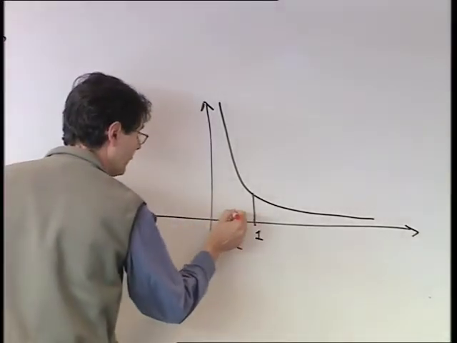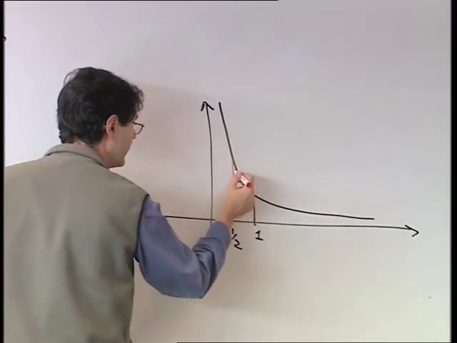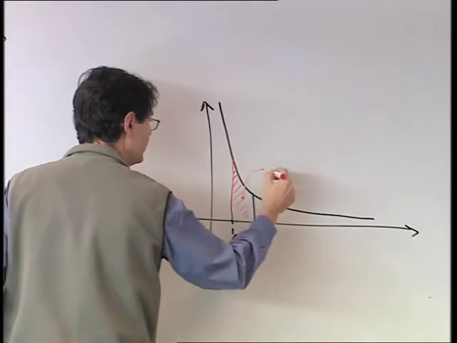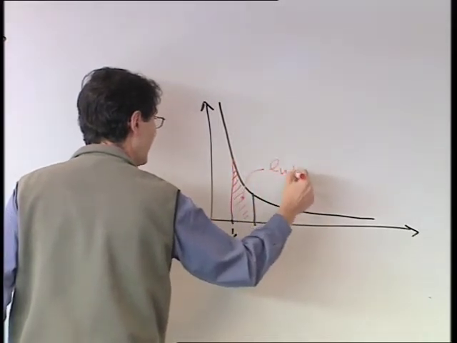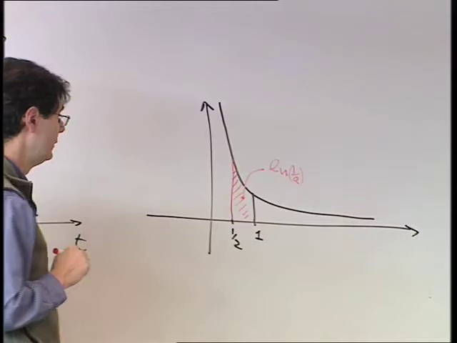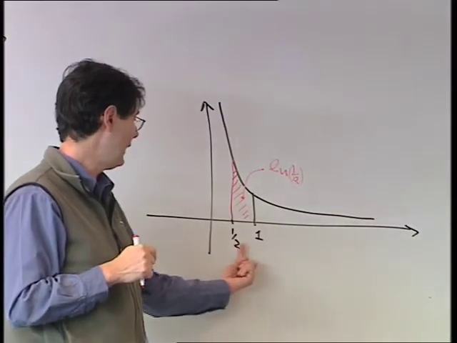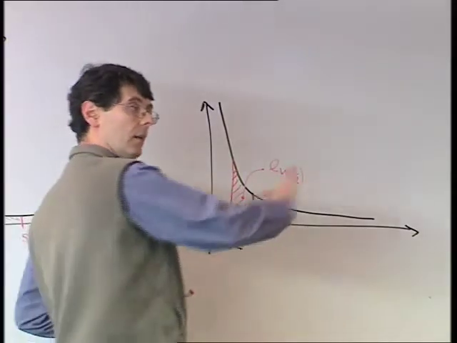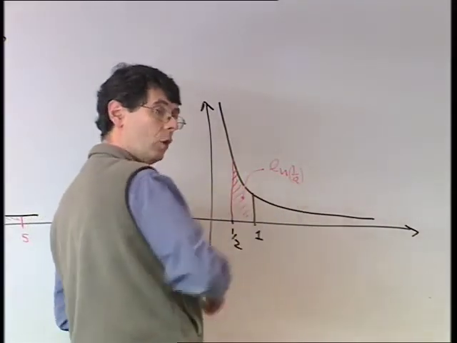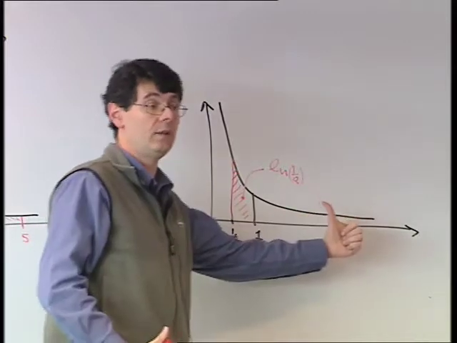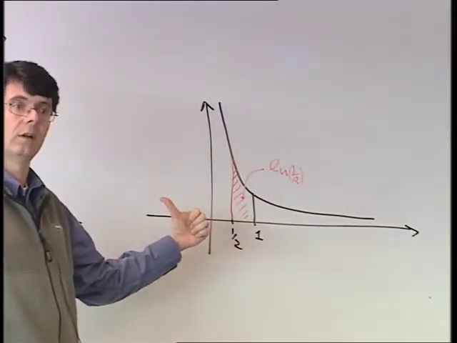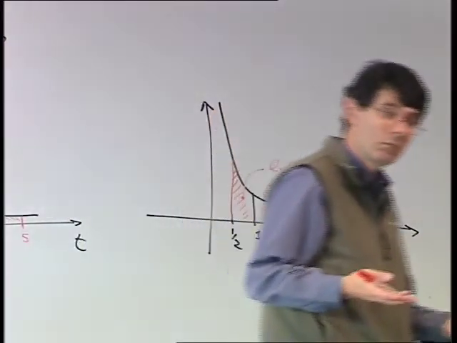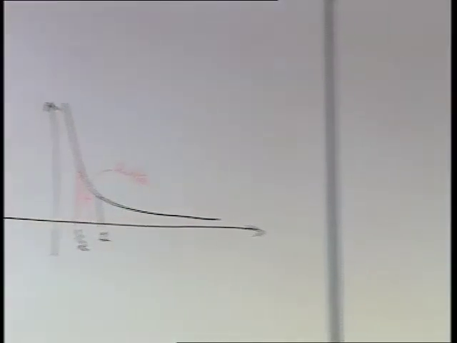Go over there. This area here is going to be log of 1/2. But you have to be careful, because you're going from 1 to 1/2, I'm going to say it's a negative value, because I'm going against the usual direction. If I'm going that way, it's positive. If I'm going this way, it's going to be negative. All right? Convention. So it's a negative area if you want.